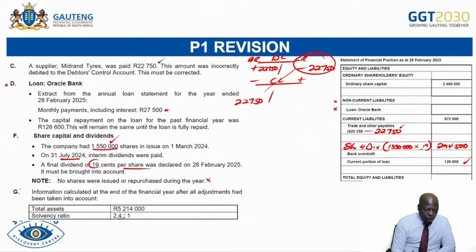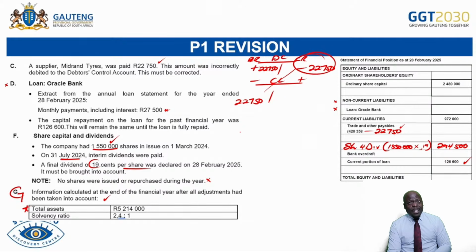Okay. G, or information G. Let's see what information G is saying. Calculated at the end of the financial year after all adjustments had been taken into account. Total assets, solvency ratio. But if I see total assets here, I know that if I am doing the accounting equation, assets are equal to owner's equity and liabilities.